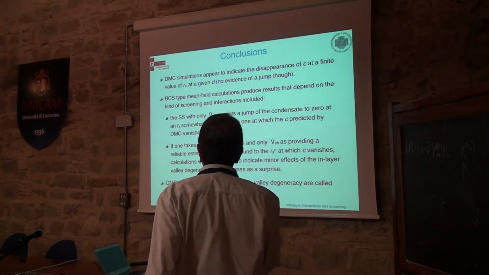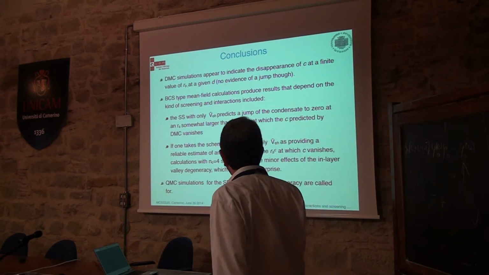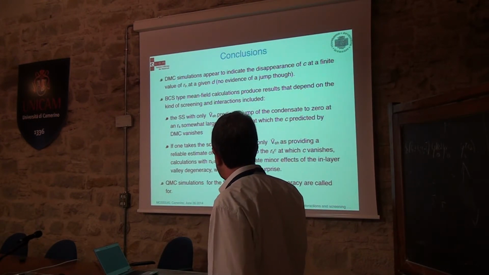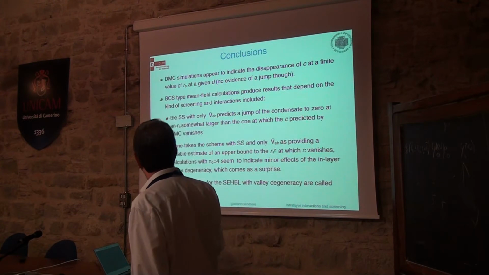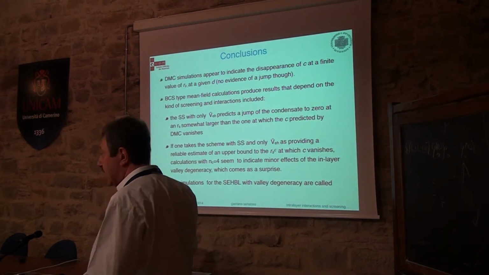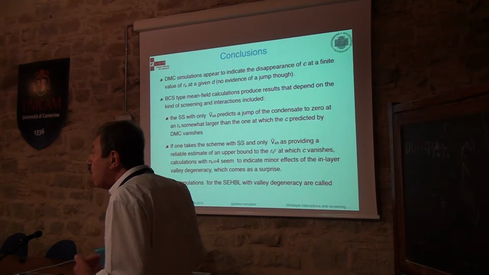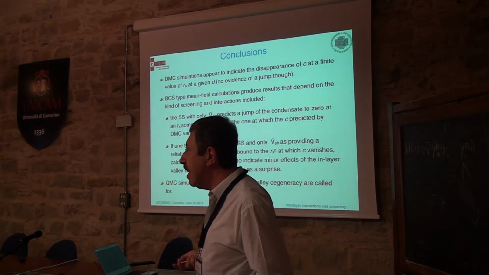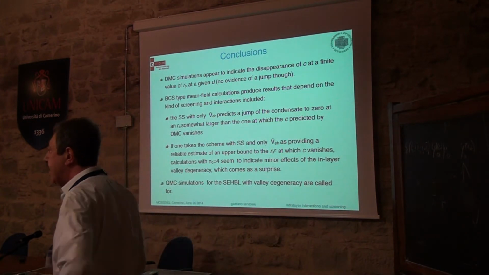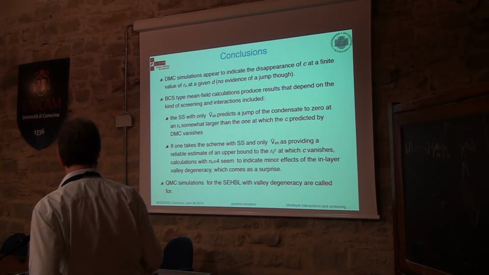I believe it's clear enough that simulations indicate the disappearance of C at a finite value of Rs, at a given distance, of course. However, as I said, I will not speak of any jump, but of the dying of that curve nicely.